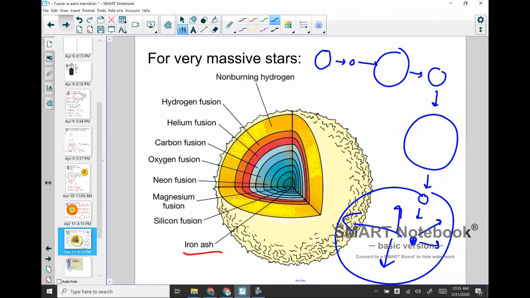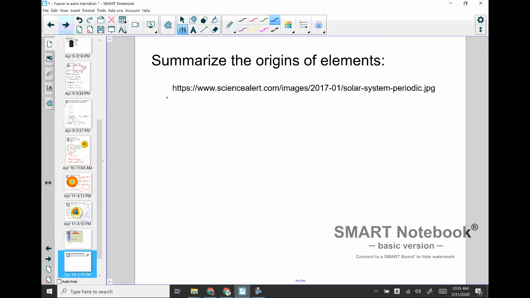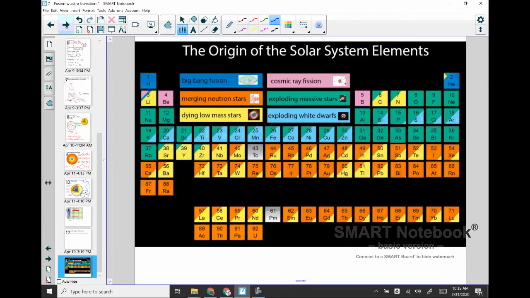So this is a view of the periodic table based on where the elements come from in the first place. Because the question is, if fusion only happens up to iron, how do we get the larger naturally occurring elements? So uranium is the most massive element that occurs naturally. Iron is the biggest nucleus that we can create through fusion, but we have naturally occurring elements all the way up to uranium.